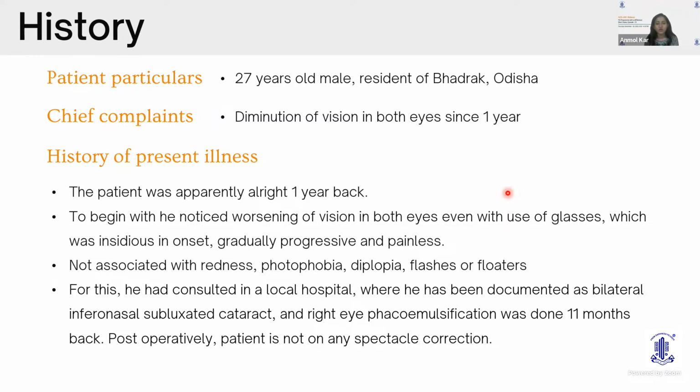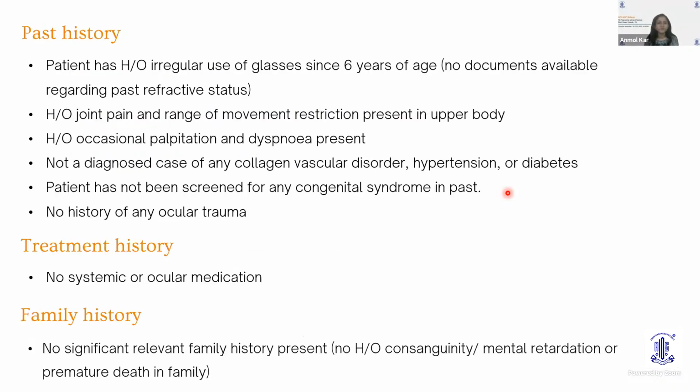Post-operatively, the patient is not on any spectacle correction. In the history of past illness, the patient has a history of irregular use of glasses since 6 years of age. There were no documents available with the patient regarding the past refractive status. A history of joint pain and restriction of range of movement in multiple joints in the upper body was noted.